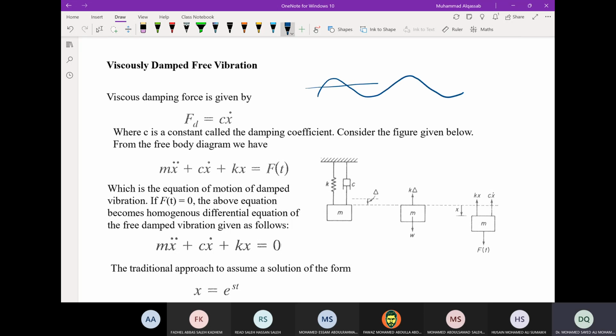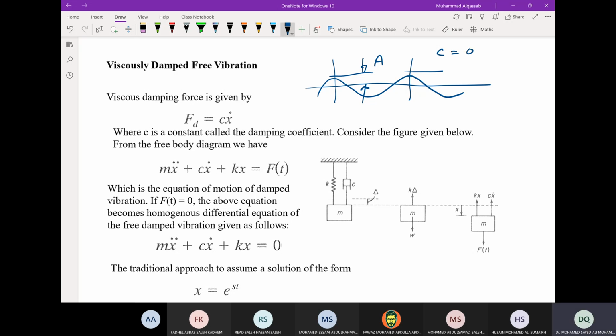If you draw a zero line, this is the amplitude A. There will be no change in this amplitude for all cycles. This is the start of the first cycle, and this is the end of the first cycle, which is the start of the second cycle, and the amplitude at the beginning of each cycle is the same. This is for undamped, when c equals 0.